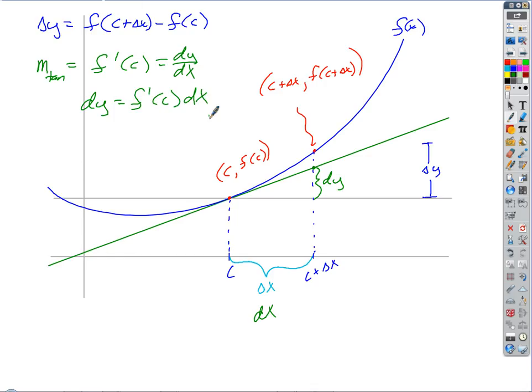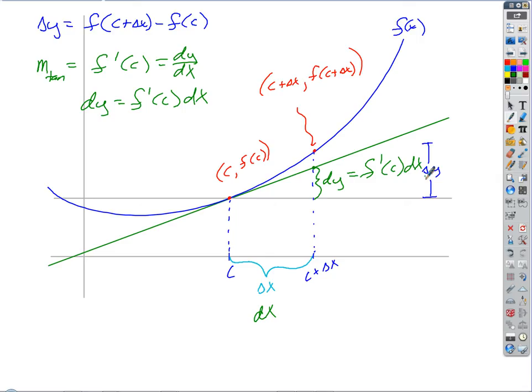Right, if we're calling this distance right here dx, and that distance right there dy, then yeah, that does mean something. Okay, and so what we'll really end up with is what we're going to call the differential approximation, which is going to be the approximate change in the function over delta x or dx, whatever you want to call it, is really just equal to f prime of c times dx, or delta x, whatever you choose to call it, right?